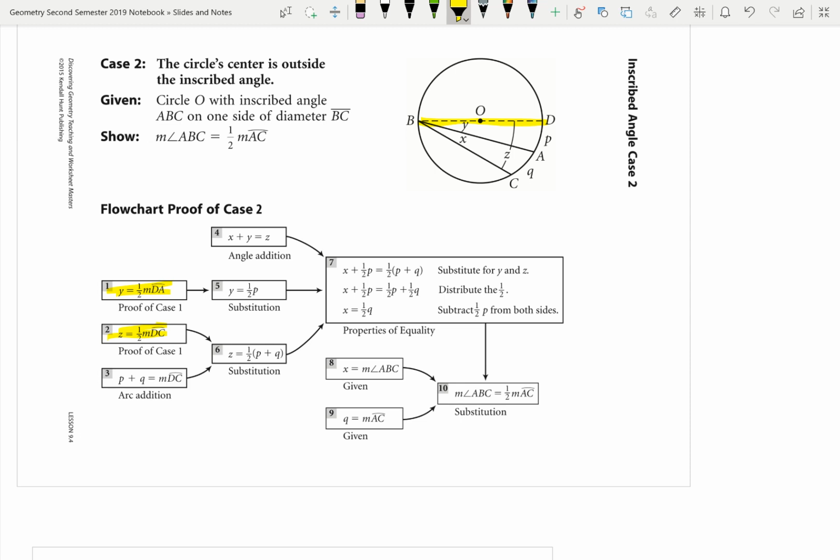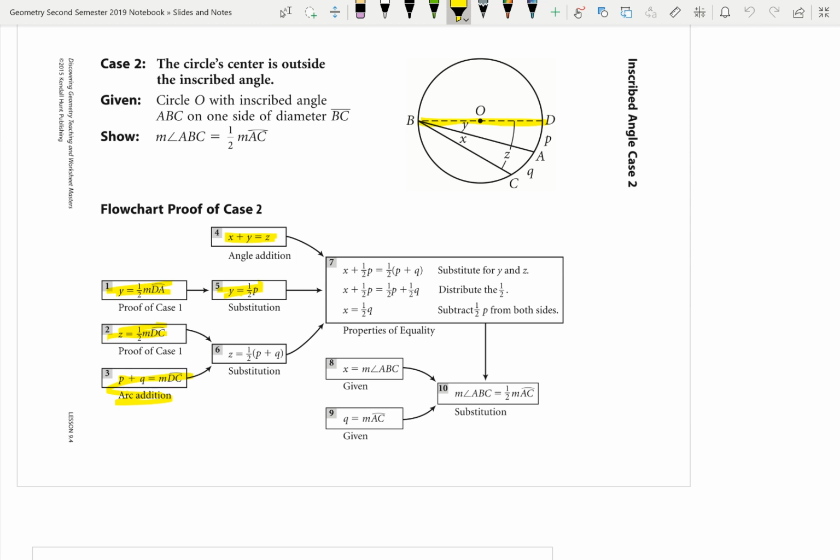Because of the proof from case 1, we already proved that. And P plus Q equals the measure of arc DC by arc addition. And its own idea here, which is x plus y equals z, that's angle addition. And then we can do some substitution to say that y equals 1/2 P, because P is the same as arc DA.